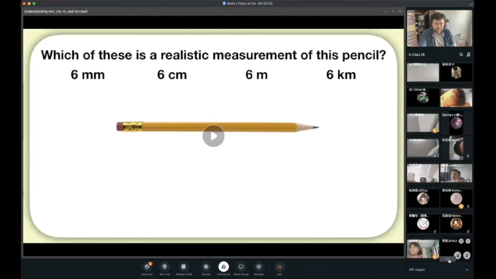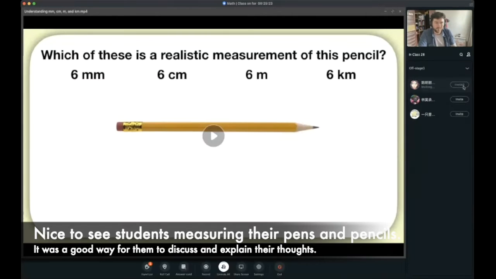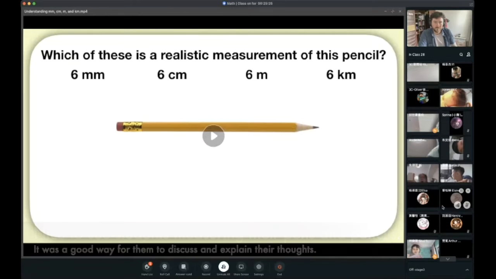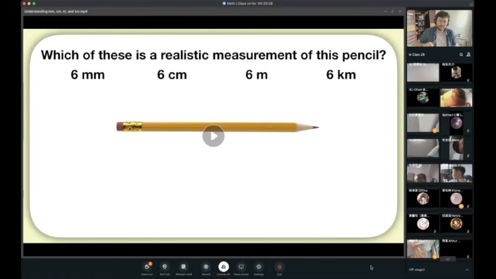I think it's 15 because I just look at it. It's 15. Yeah. So I think we all know that it's maybe not 6 cm, but we need to remember which measurement we would use. It would probably be cm, not mm, meter, or kilometer.